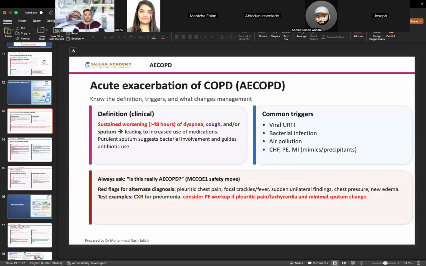Acute exacerbation of COPD. The definition is sustained worsening. When we say sustained worsening, it means 48 or more hours of dyspnea, cough, and/or sputum. So if you have a patient who has COPD, but in the last 2 days the coughing is getting worse, dyspnea is getting worse, and/or sputum is getting worse, more, or smelly, then in that case, it is exacerbation.